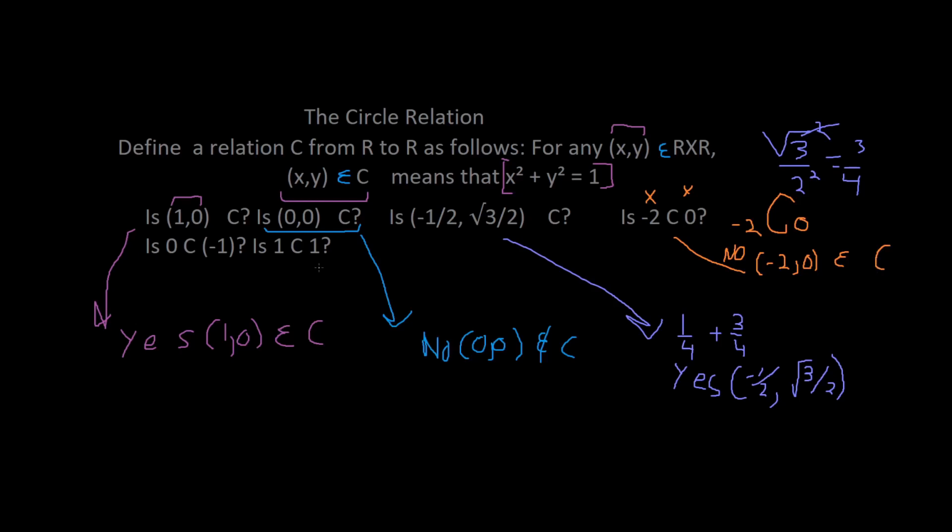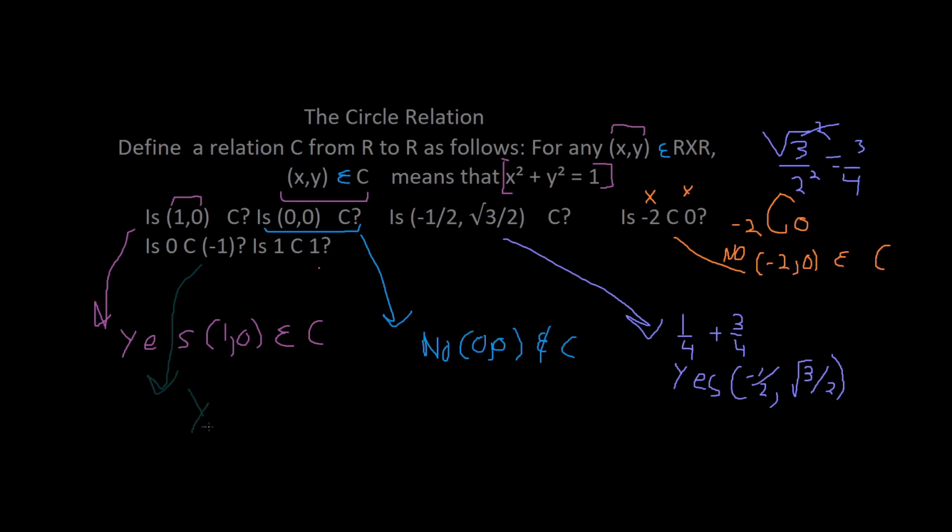And then there was this one here. I'll write this one down. And 0 squared plus negative 1 squared gives us 1.